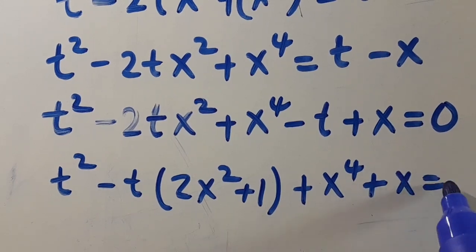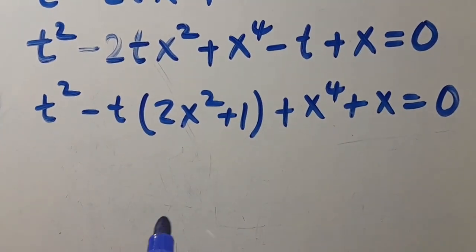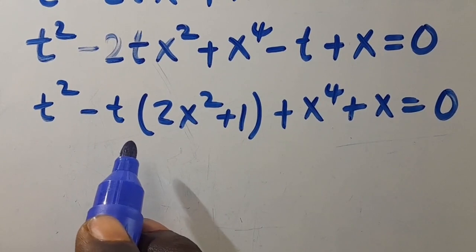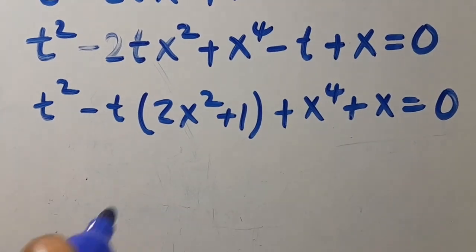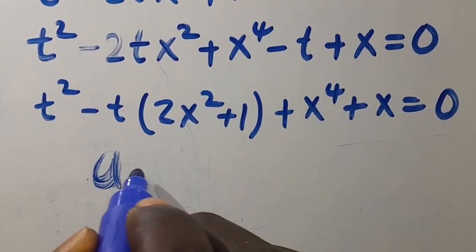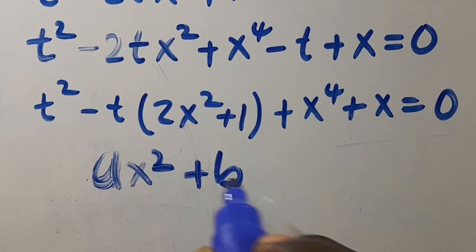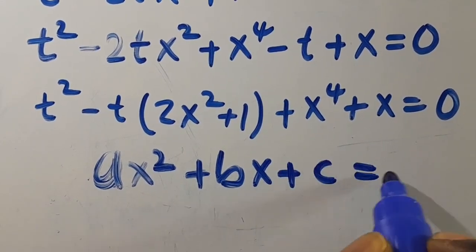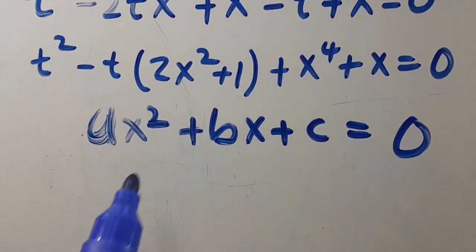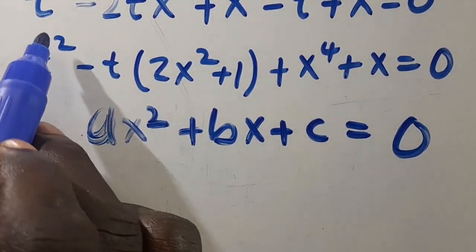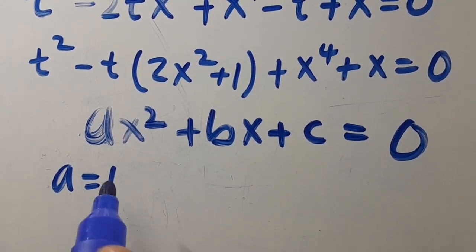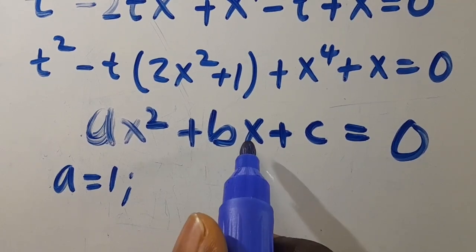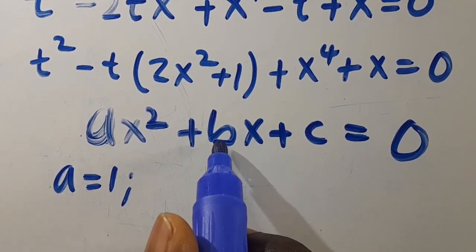plus x equals 0. You can see we have this in terms of quadratic format, where the general quadratic expression is a x squared plus bx plus c equals 0. Then the coefficient of x squared is a. The coefficient of t squared here is 1, so we have our a equal to 1. Then the coefficient of x here is b.